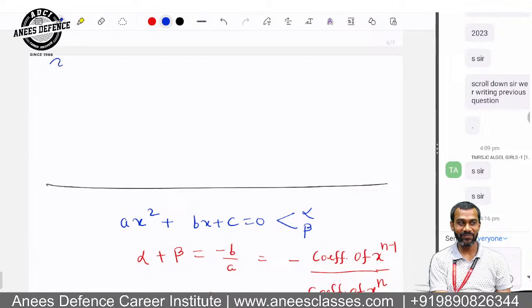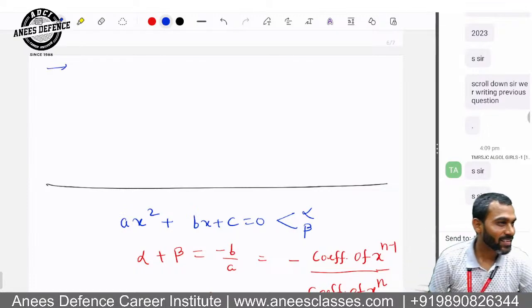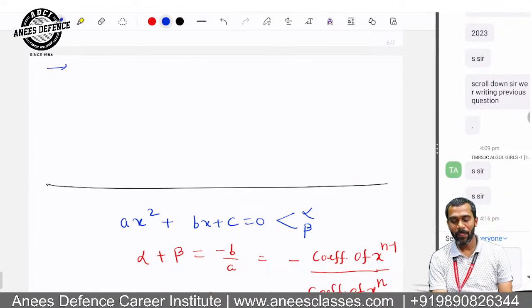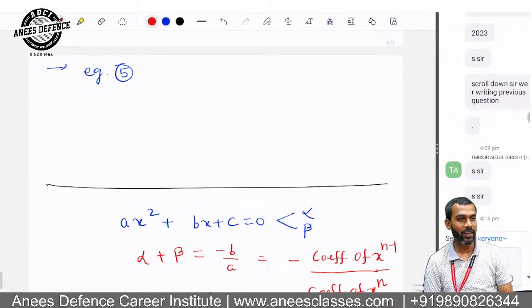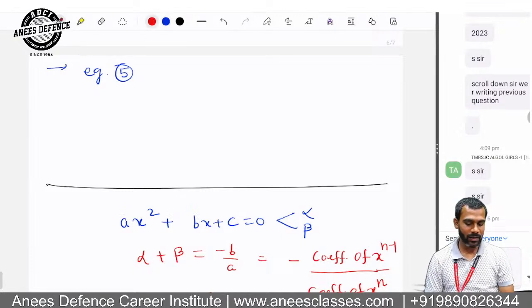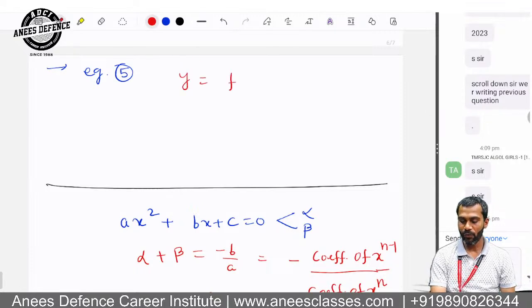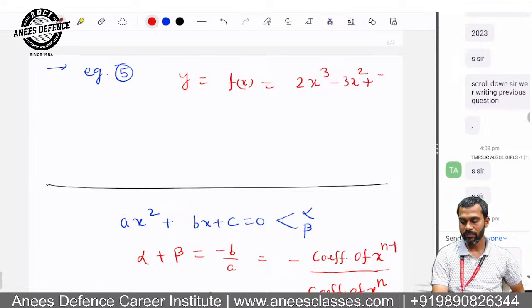We did everything, sir. See, the question is example number 4. Which one is going on? 4th, 5th, anyone write it. We have done more than 5, haven't we? See, suppose we have y is equal to f of x is equal to 2x cube minus 3x square plus 7.